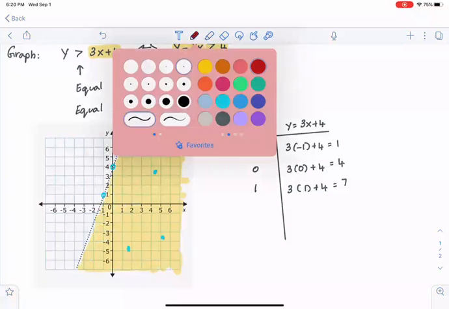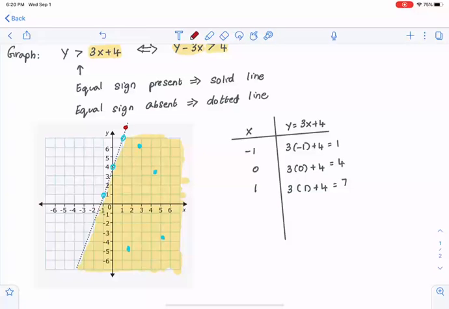But if I picked exactly on the line, it's not a solution because it is lying directly on the line. So all of these are solutions.